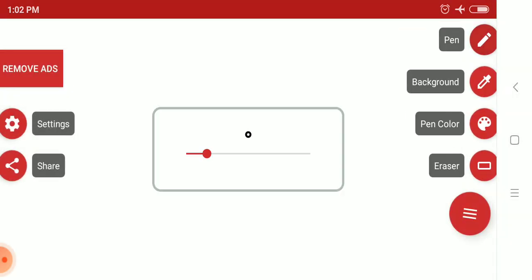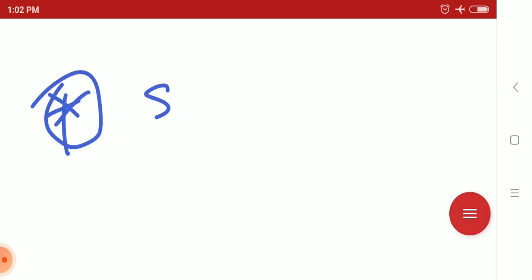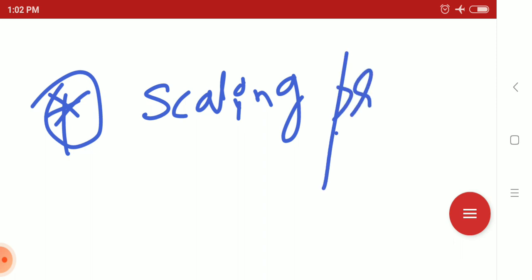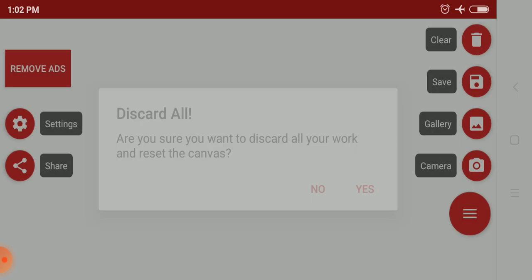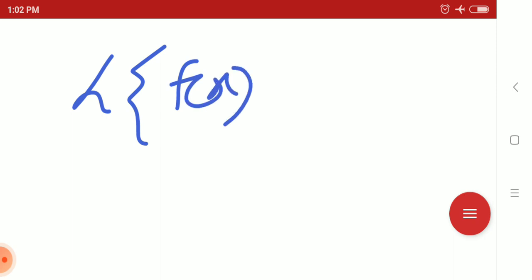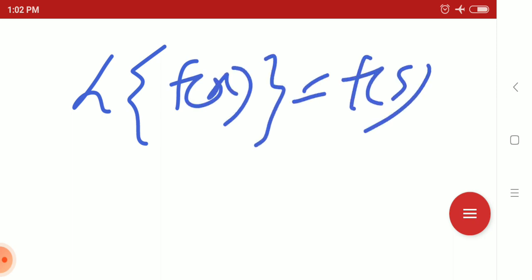Another important property of the Laplace transformation is the scaling property. Suppose the Laplace transformation of f of x is F of s.